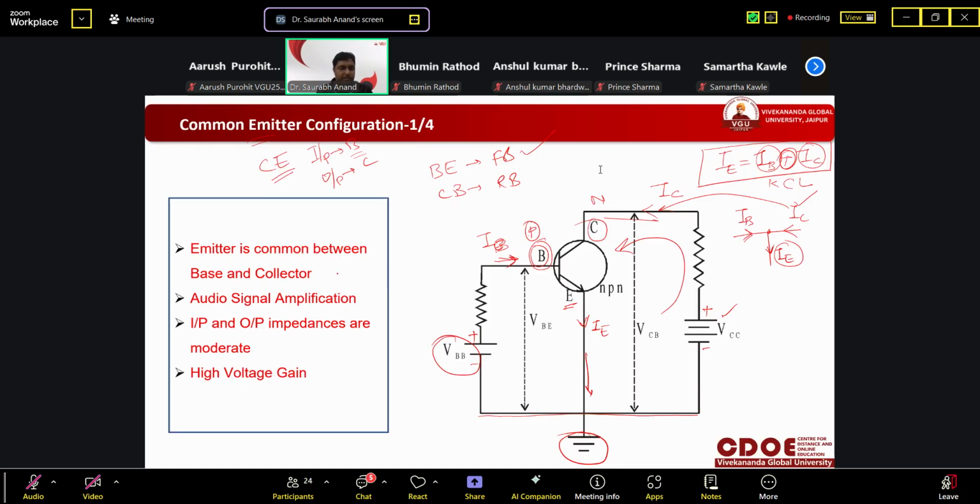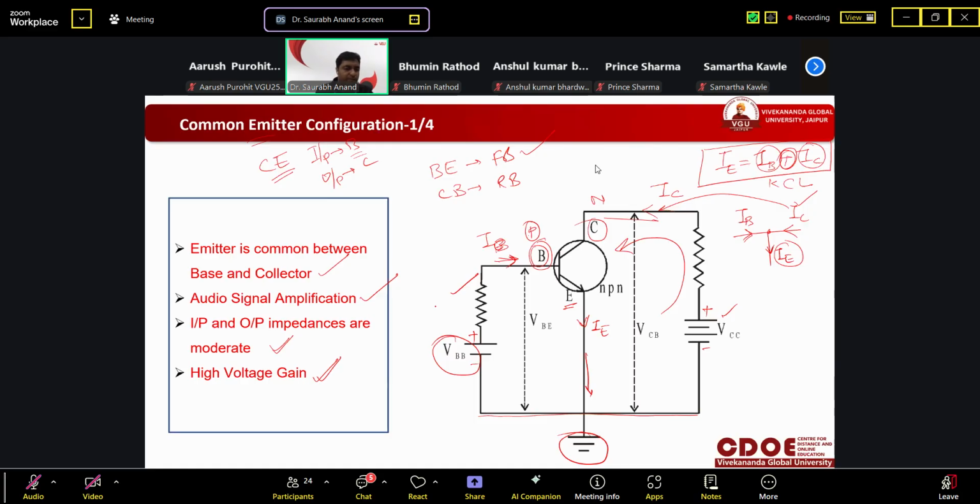And this is common emitter, where emitter is common between base and collector, as we have already done. It is used for audio signal amplification. In most cases we use common emitter configuration for amplifiers. Input and output impedances are moderate, so it is neither low nor high. It provides high voltage gain, because an amplifier is used to amplify the voltage.